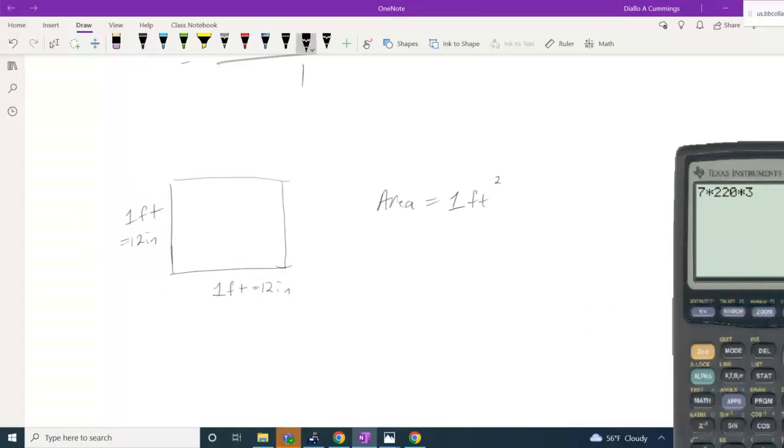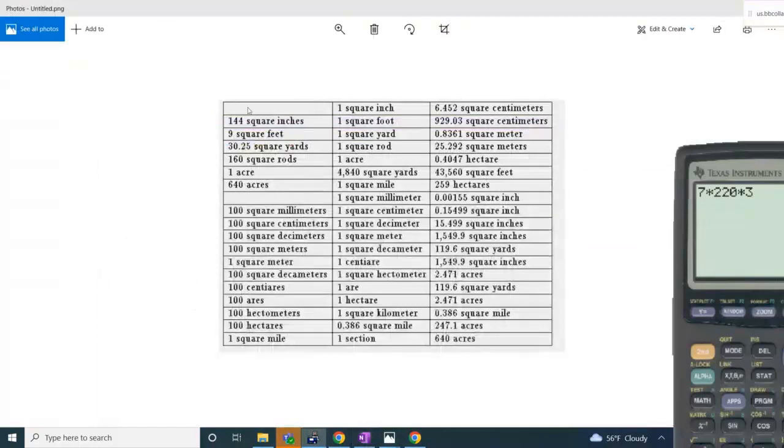So this is where these conversions come from. 1 square foot is equal to 144 square inches. This is where they come up with these generalized forms. So 144 square inches is equal to 1 square foot.